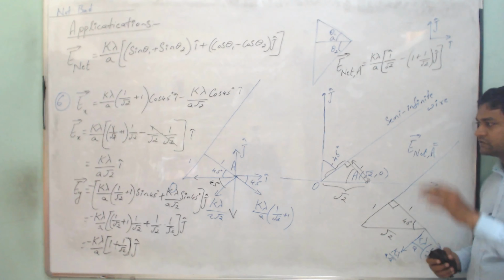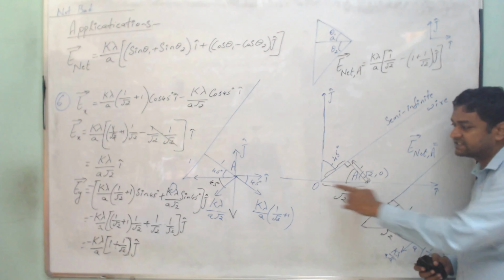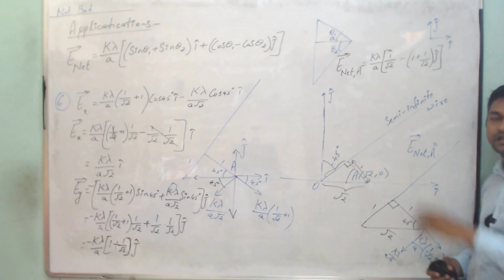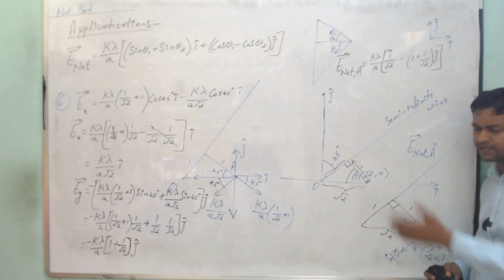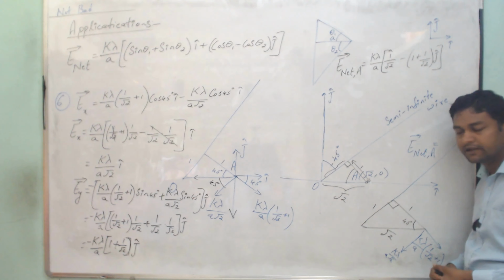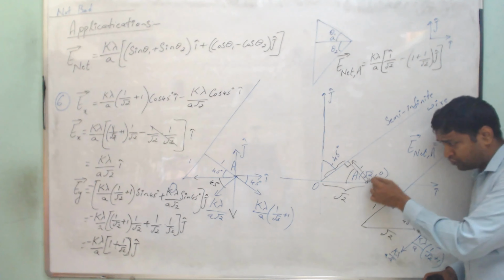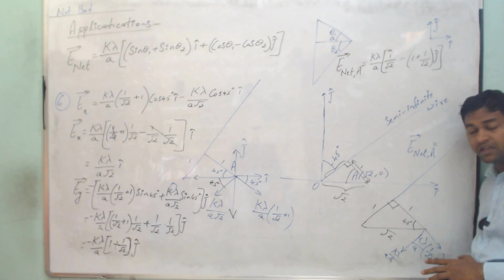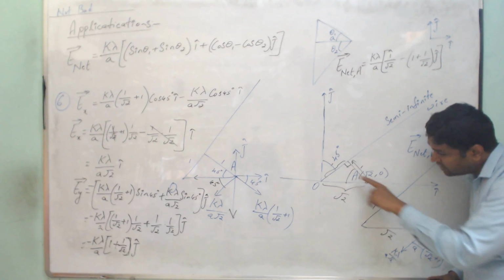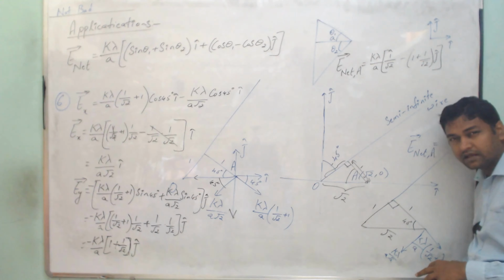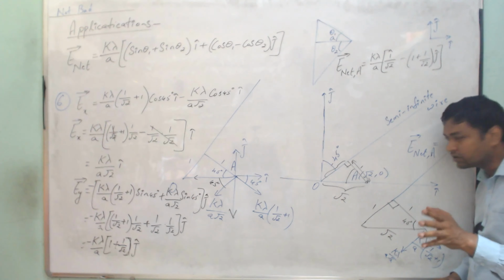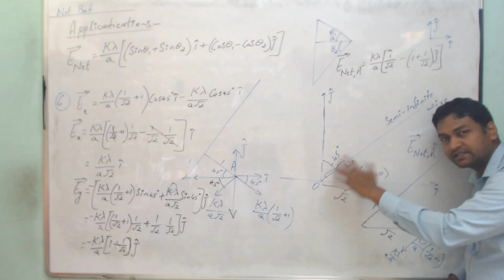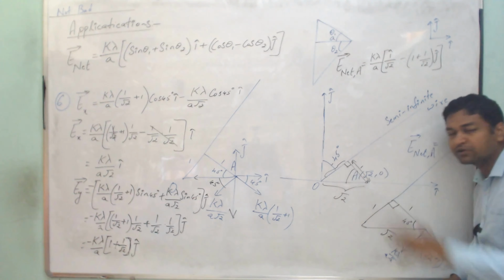So simply, what is the question? Semi-infinite wire from origin at an angle 45 degree with x-axis, y-axis, at a point root 2 comma 0, find A. As soon as I look at root 2 and I see this 45 degree, I will first have to come to the conclusion that this distance is 1 and this perpendicular distance is 1.